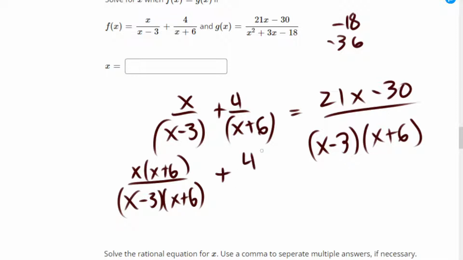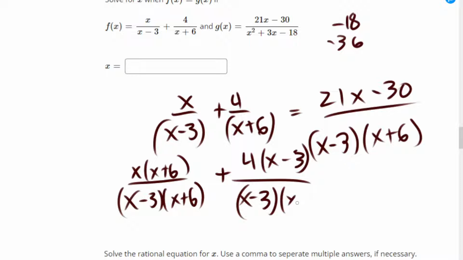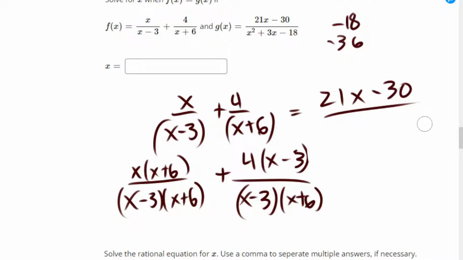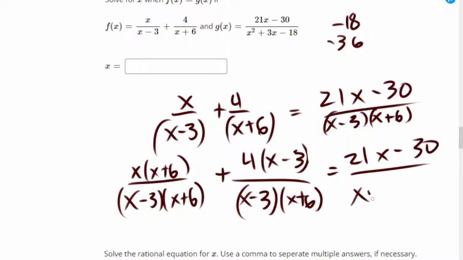Now we have 4 times x minus 3 over x minus 3, x plus 6, sorry, it should not be plus 3, it should be minus 3, is equal to 21x minus 30 over x minus 3, x plus 6.